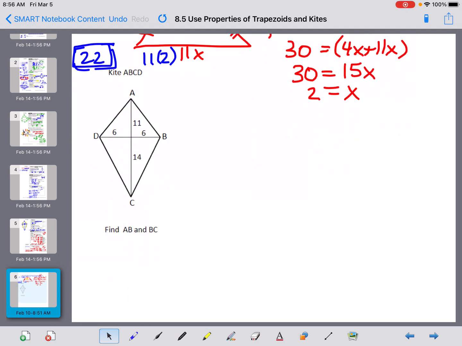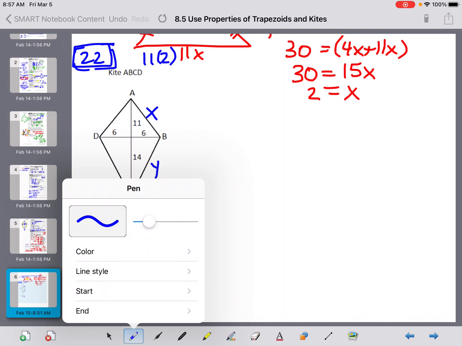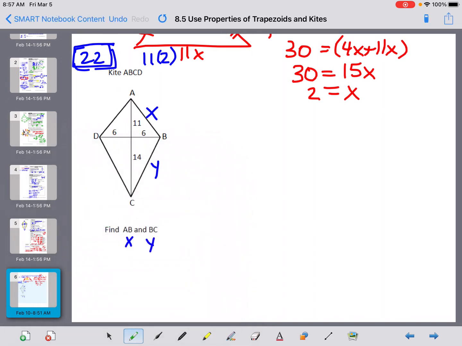All right. I have a kite, and I'm trying to find the length of AB, and I'm trying to find the length of BC, so I have 2 of them here. All right, properties of kites, right? 2 sides are the same, so I know those 2 are the same and these 2 are the same. Still doesn't help me.